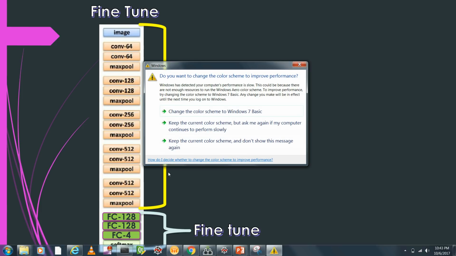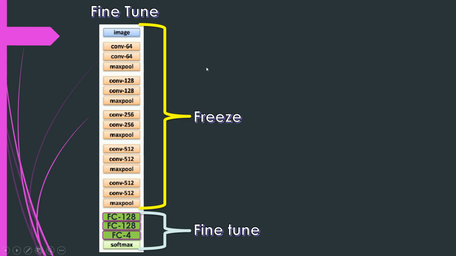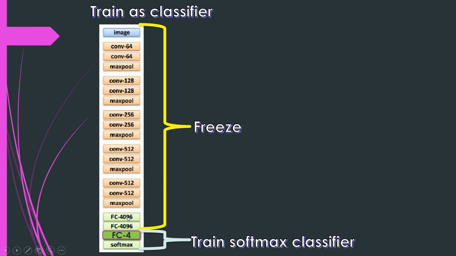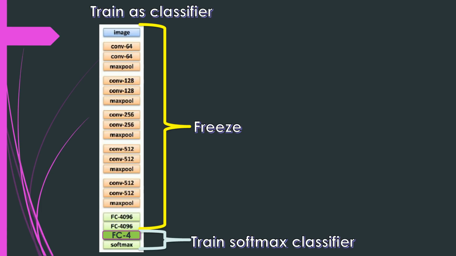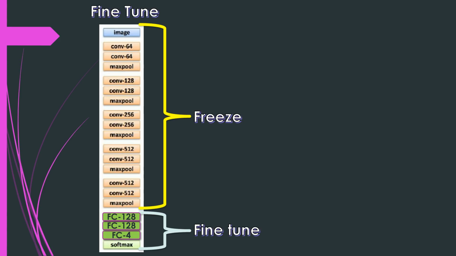I will freeze up to here, and then instead of using their 4096, 4096, I can add my own layers. You can freeze up to anywhere, and you can add your own layers, or retrain the existing 4096, or add your layer. Like I'll show you, I added 128, 120, and then 4.